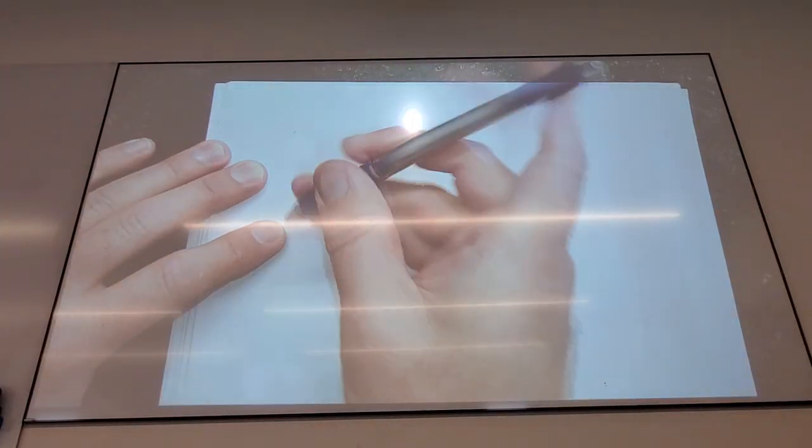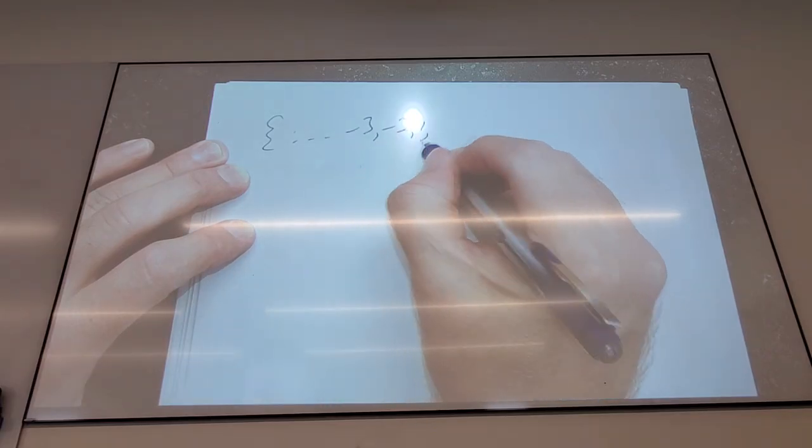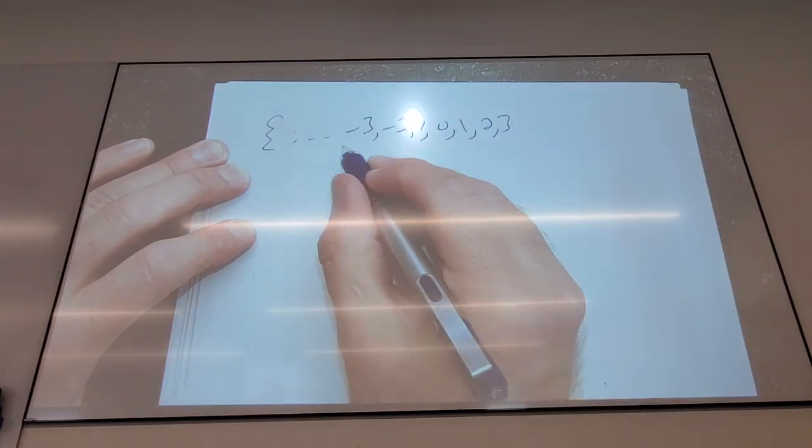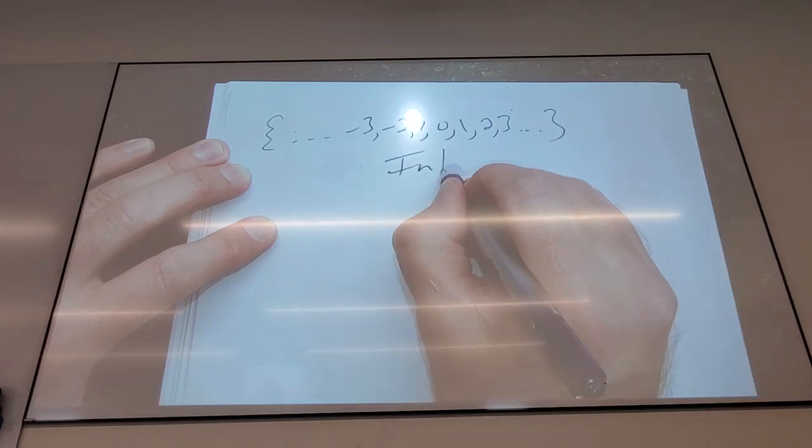It starts with the letter I. Integers. Yes. So if I have all the negative whole numbers, all the positive whole numbers, and 0, I get the integers.